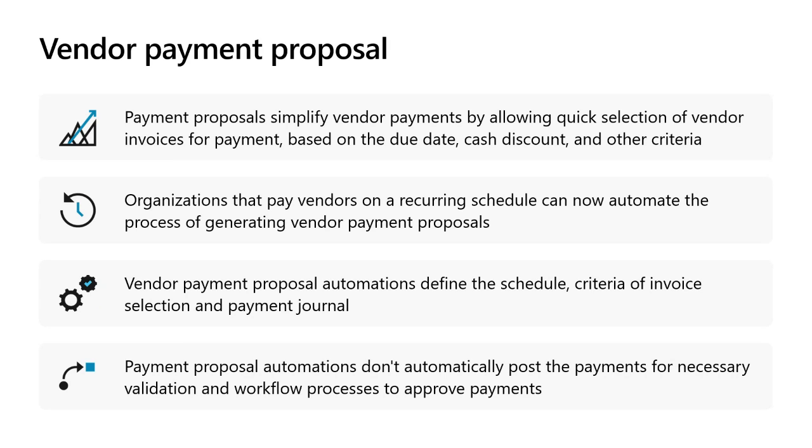At this point in time, this process only creates the journals and creates the proposals for you, but does not automatically post the payments, for the right reason. Because we all know before payments, you would need to have your necessary validations and approvals in place, right? But it takes away the manual headache as well as the chance for any human error from this function.